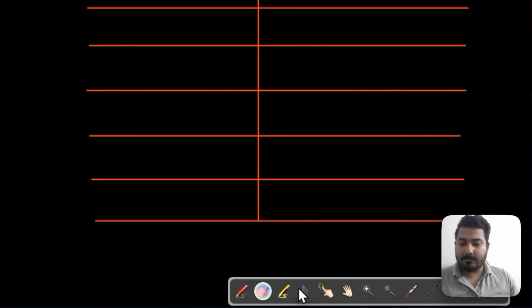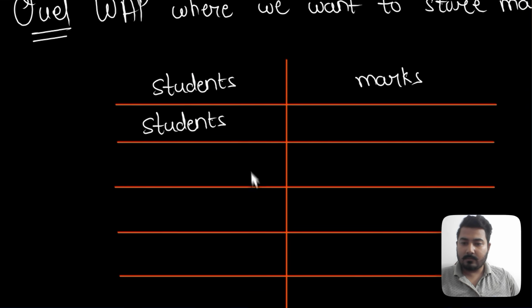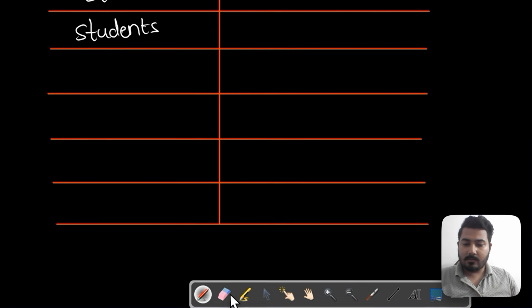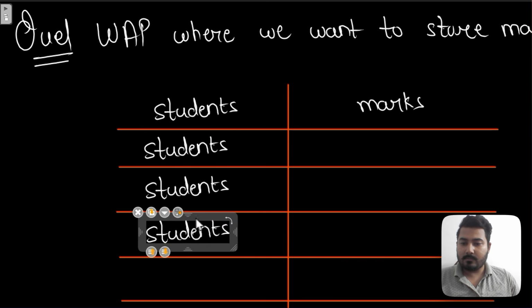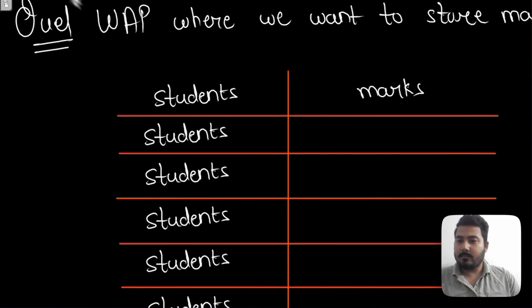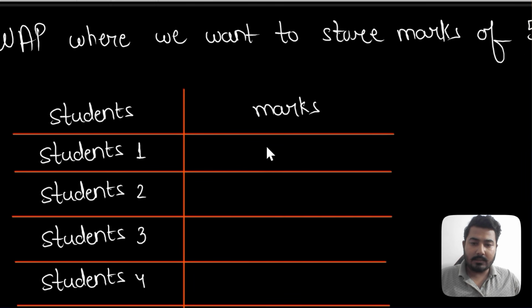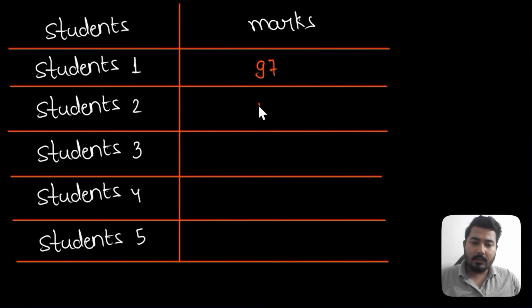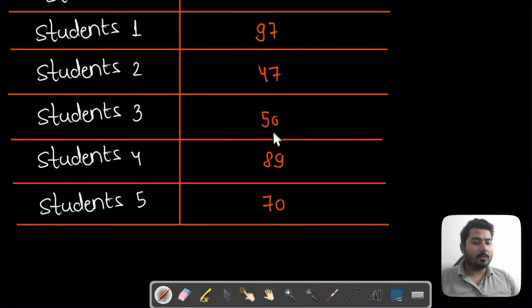We have student 1, student 2, student 3, student 4 and student 5 and their respective marks. Let's suppose out of 100 we have 97, 47, 50, 89 and 70. These are the marks of some students.